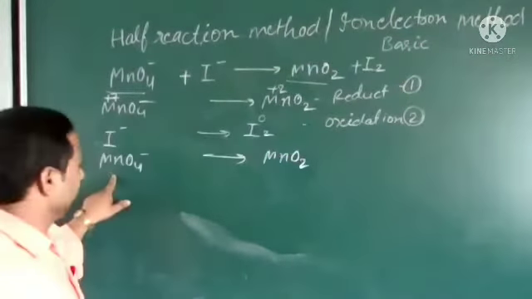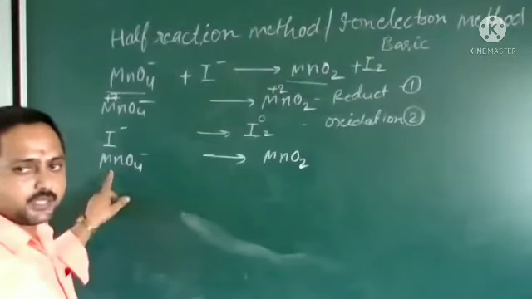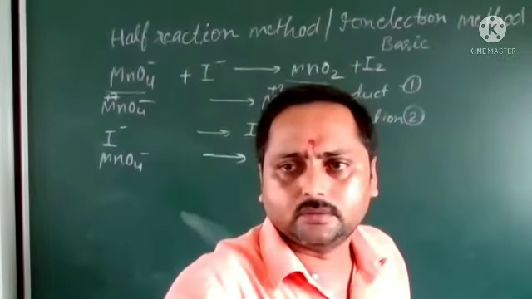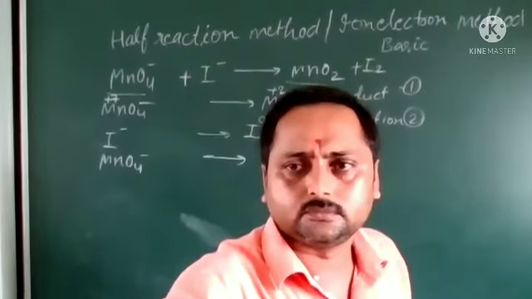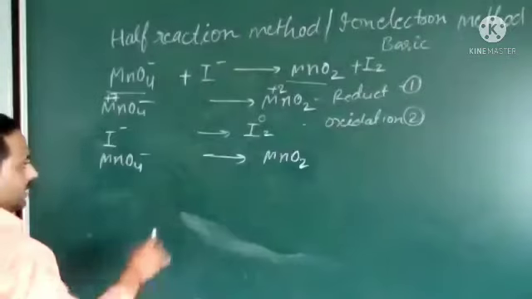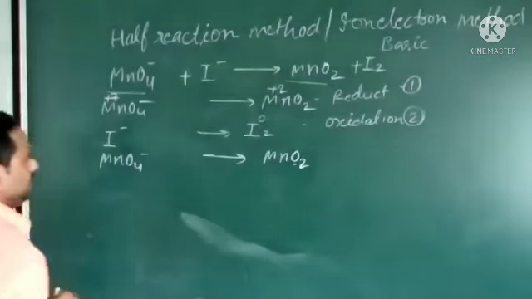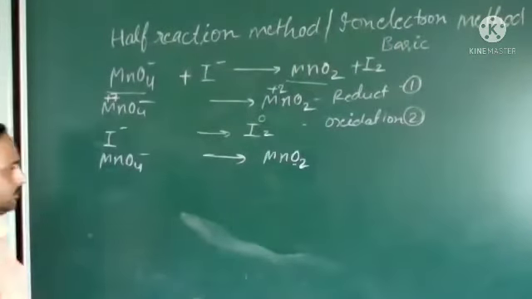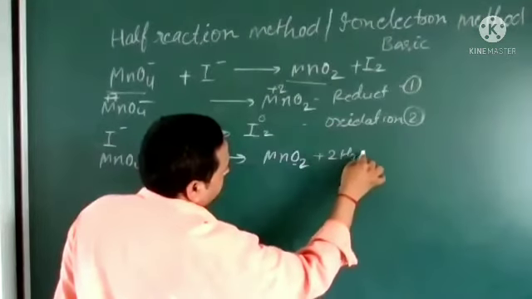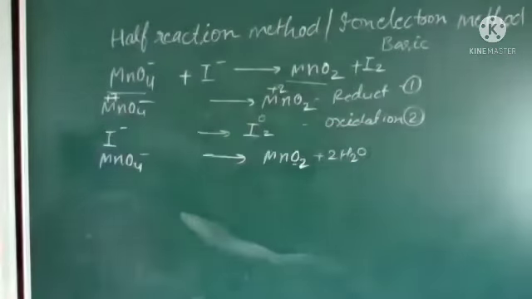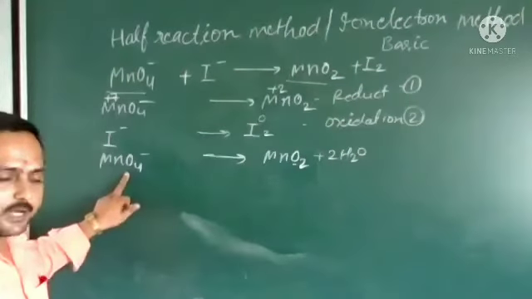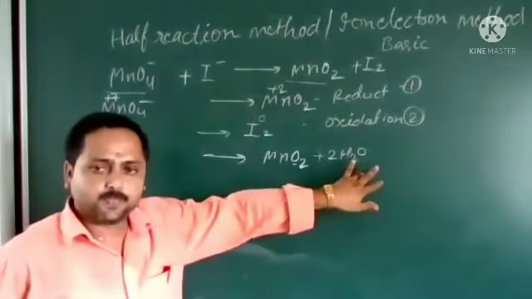Mn is balanced, one Mn on each side. Now how many O are there? Two on the right and four on the left. So we will add 2H2O on the right side to balance oxygen, because two more oxygen are needed on that side.